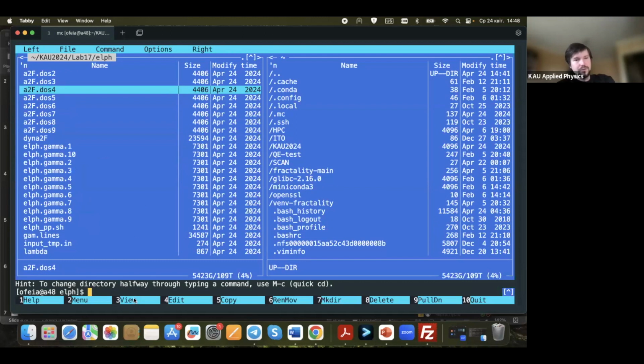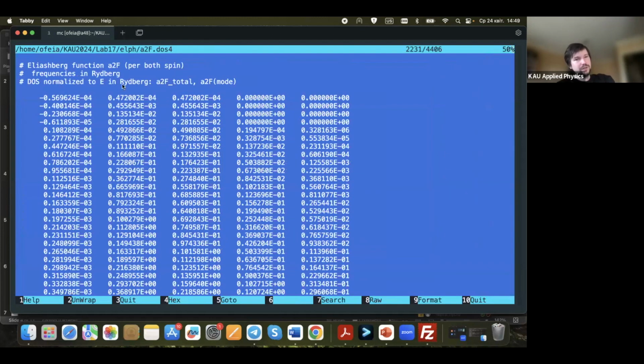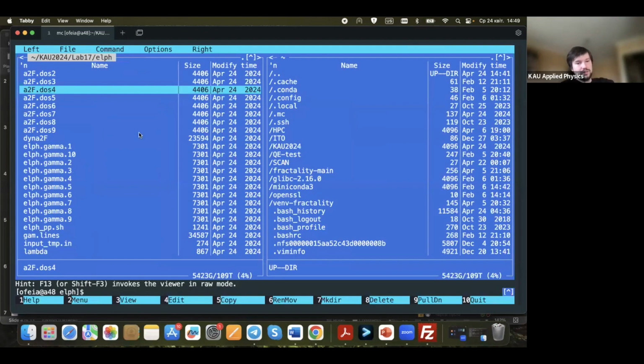Here we see the frequency, and this is our spectral function or total DOS, and the spectral function for each mode. So if I want, I can see how each mode interacts with electrons, and at what frequencies the interactions are biggest.